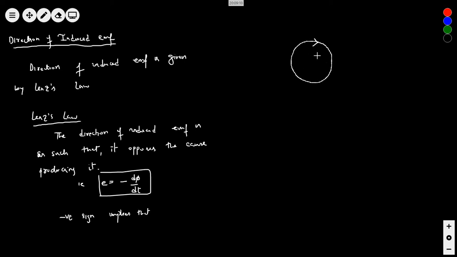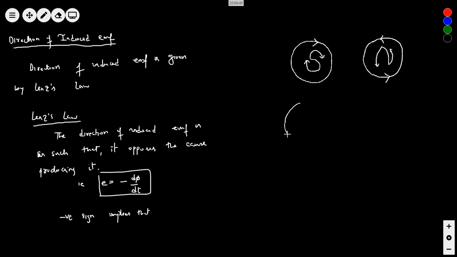If the current in the coil is in the clockwise direction, the face which you are looking at will be south. And if the current in the coil is in the anti-clockwise direction, then that face of the coil is the north pole. Okay? So let's look at this diagram now.